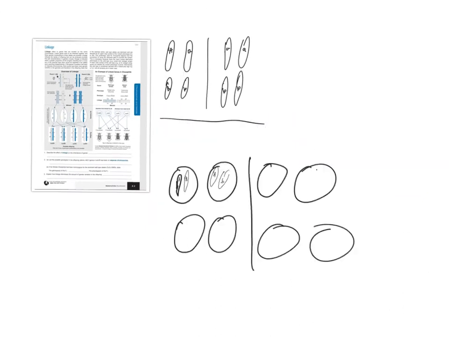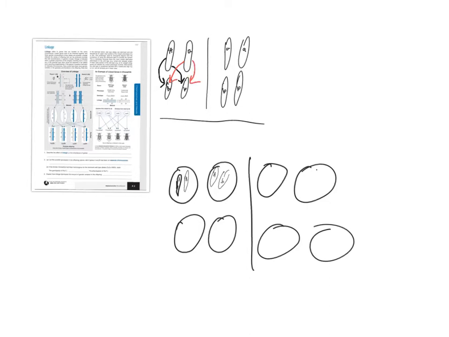So here we have one possible zygote with big A, big B, another zygote with big A, little b. And of course, so far we have big A, big B, or big A, little b. Now we can also have to consider little a, big B, and little a, little b.